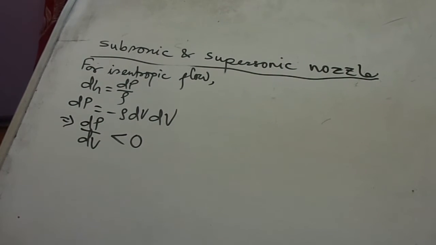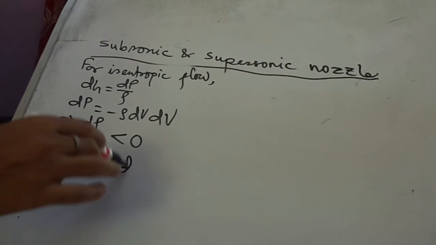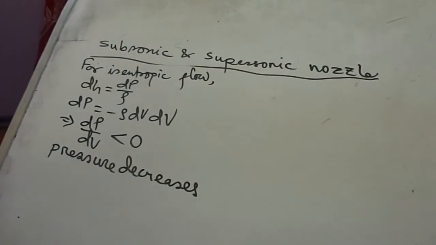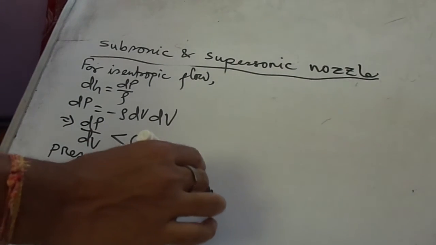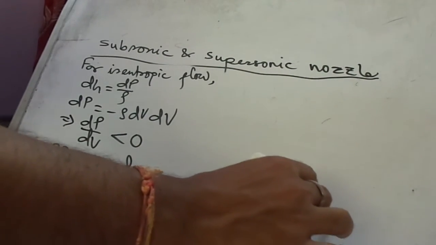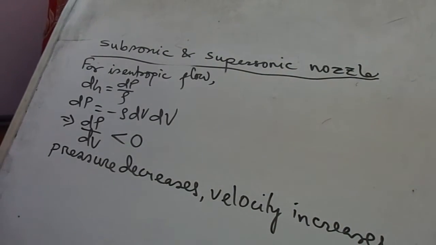Therefore, as pressure decreases for flow through a nozzle, the velocity increases. Pressure decreases, velocity increases.